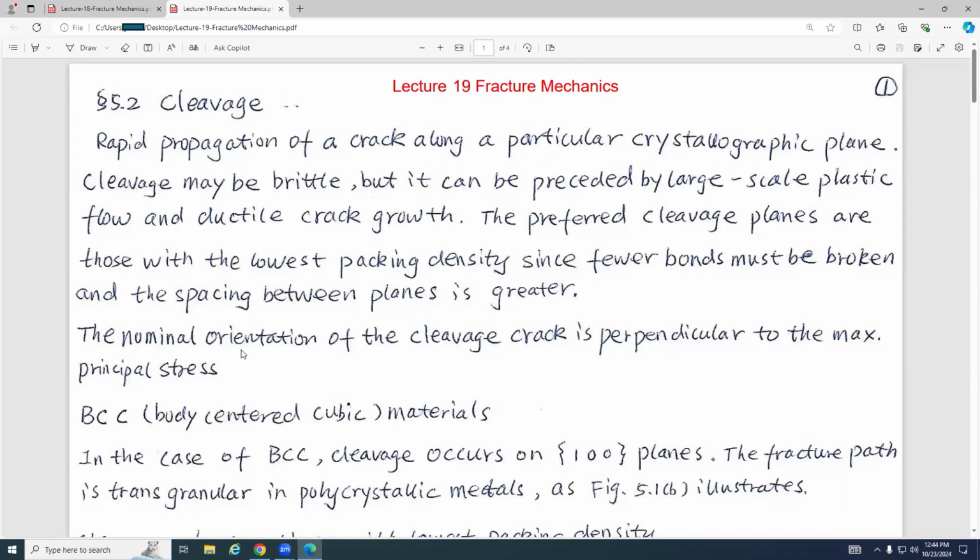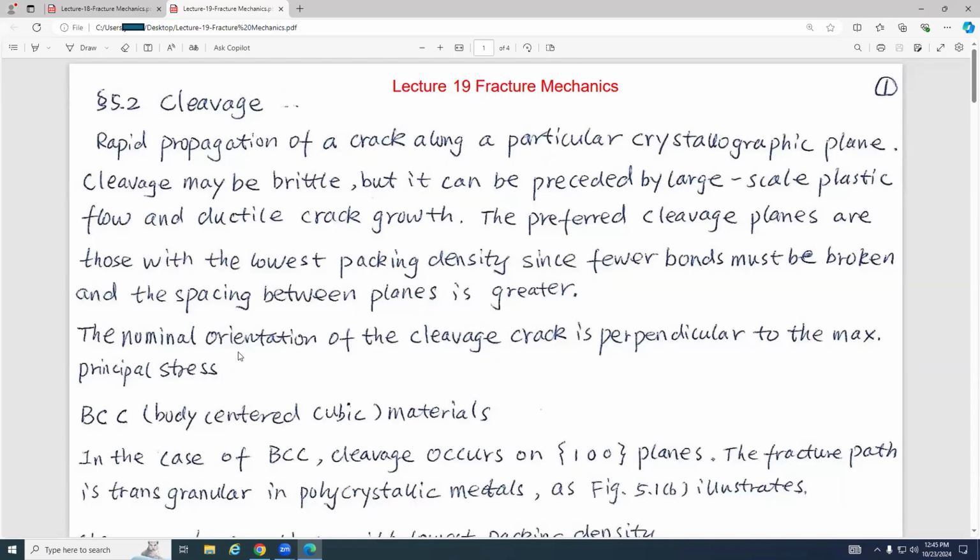So the nominal orientation of the cleavage crack is perpendicular to the maximum principal stress. You guys agree? Maximum principal stress means what? That is tensile stress, right? The maximum tensile stress has a much more obvious effect on the breakage between the atoms.